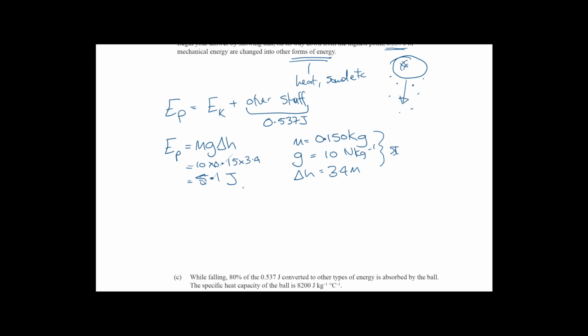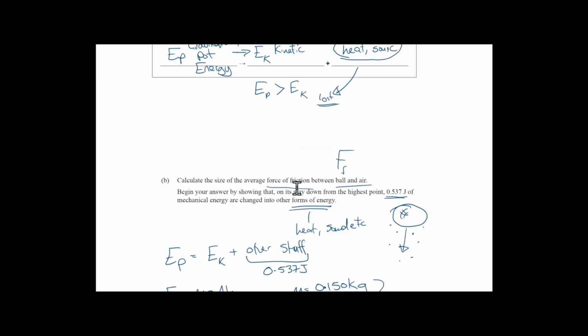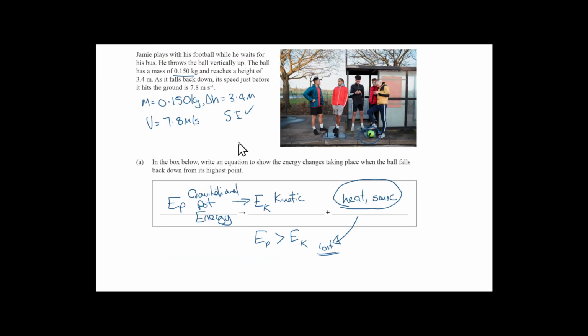So 5.1 joules. Okay, now let's work out the kinetic energy at the bottom. And the formula for that, if you go to your formula sheet, is half mv squared. I'm not going to go into where this half bit comes from or why it's squared, we're just going to take this as given. Okay, so it's going to be half times the mass, which is the same, 0.15 kilograms, times the velocity. Now the velocity is also given to us, 7.8 meters per second.